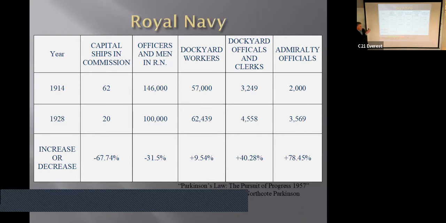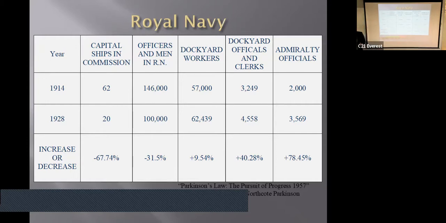But then as soon as we shift over to dockyard workers, the officials and clerks, the Admiralty. So think of it this way: if you're thinking about a business, this is the upper management. So notice what happens. The number of ships that they had in commission goes down 67%, but the upper management goes up 78%.